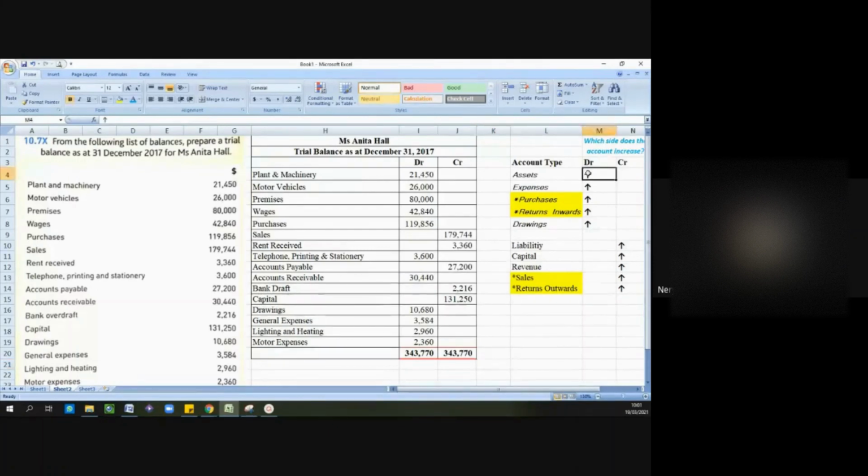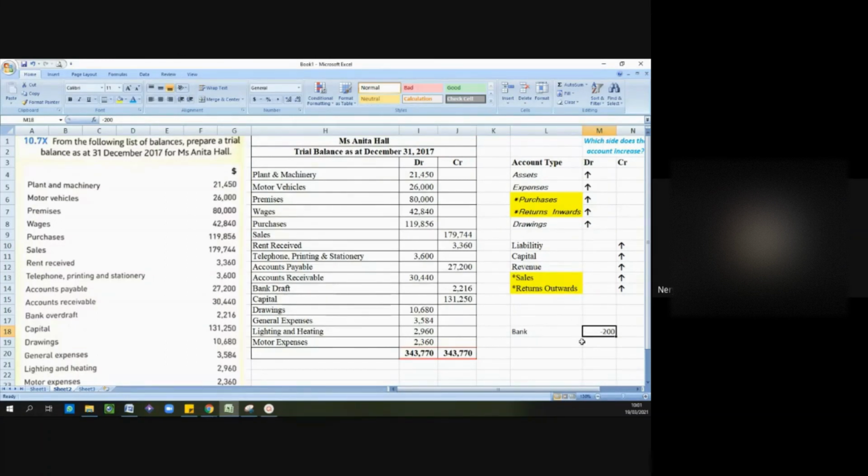Let me explain. For example, if you take your bank account, okay? So let's say that you take your bank account, and let's say that at the bank you have negative $200. So you do not have money. So when you have no money at the bank, this will be one unique instance whereby bank will not have the balance brought down on the debit side, because you have a negative at the bank.